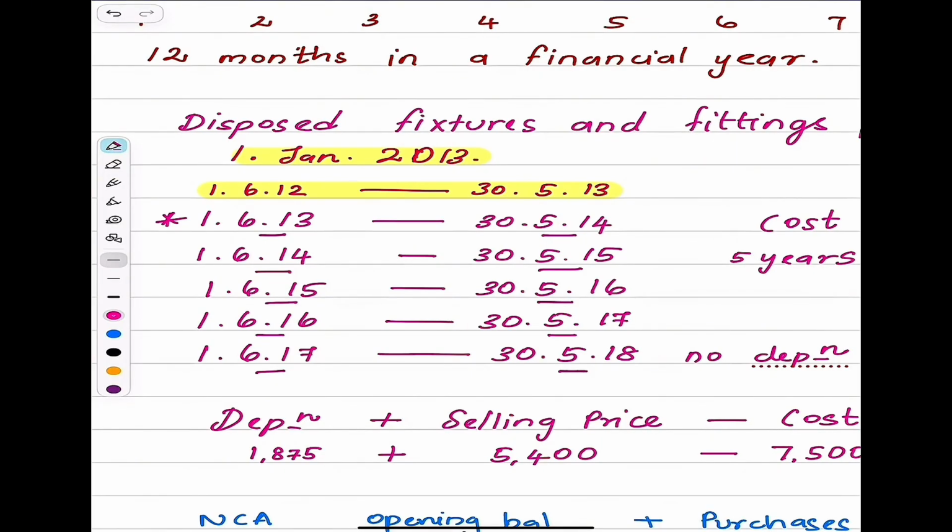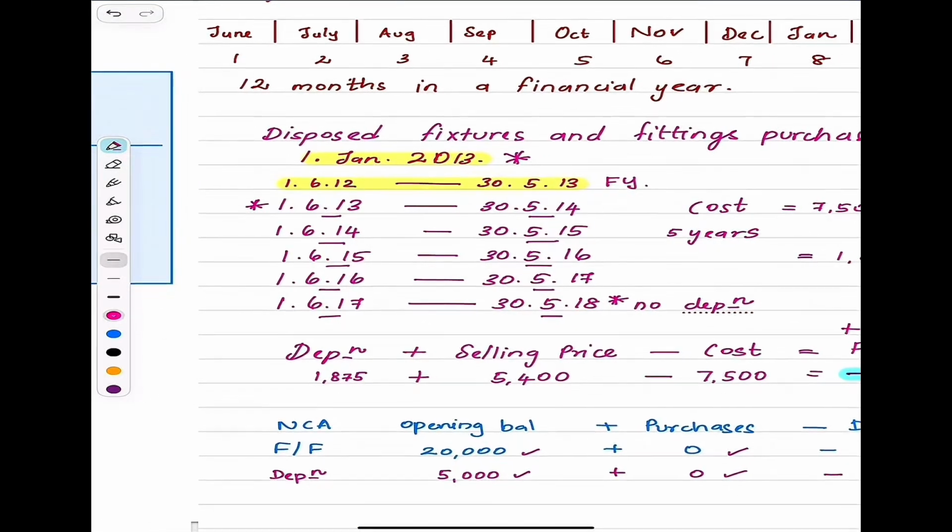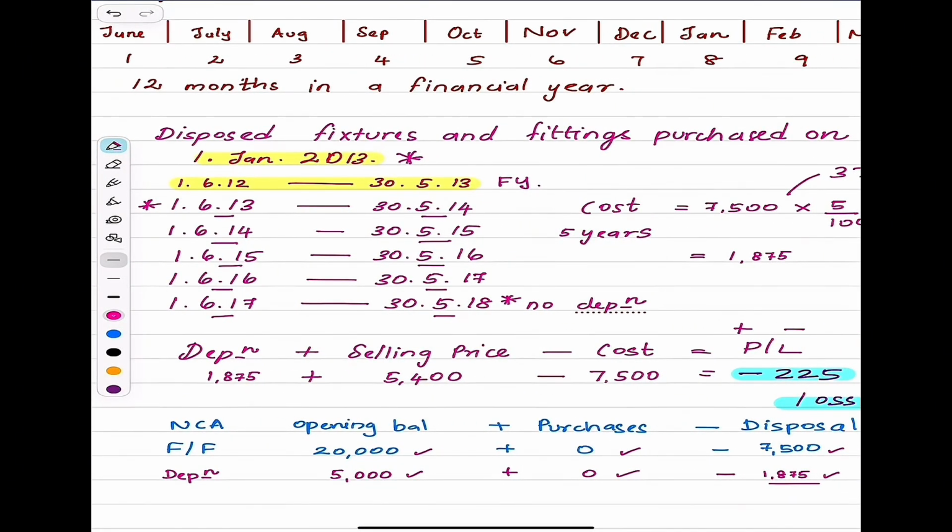This is the financial year we are preparing all the accounts. Now, this fixture and fitting was purchased on 1st Jan 2013, which should fall under this specific financial year. Now, let's count for how many years it remained in the business. As you can see here, you have financial year 1, 2, 3, 4, 5, 6 years.